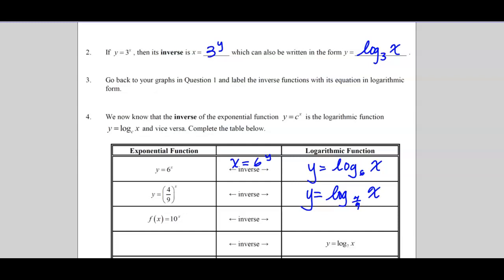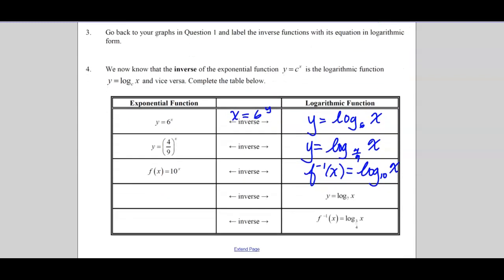Next one is just function notation. That doesn't change anything. f of x is just y. So here, because it's the inverse, we could actually call this f inverse. And what we'll learn in a few minutes as well is that base 10 for a log is what we call a common log.